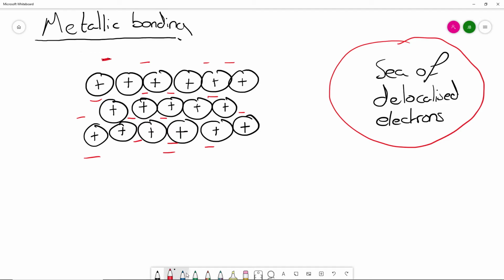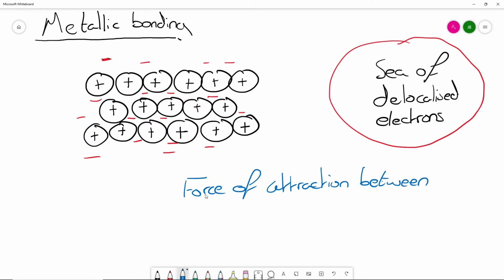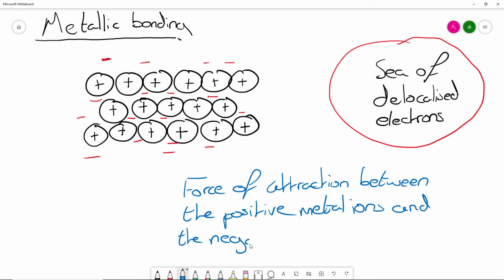Now, the force of attraction between the positive metal ions and the negative electrons is the metallic bonding.